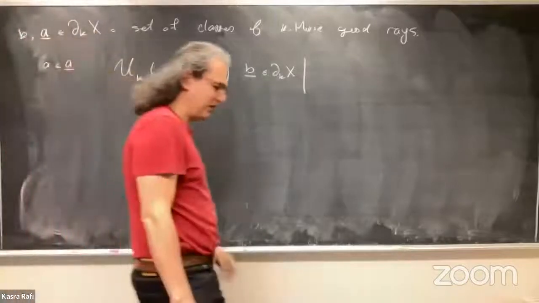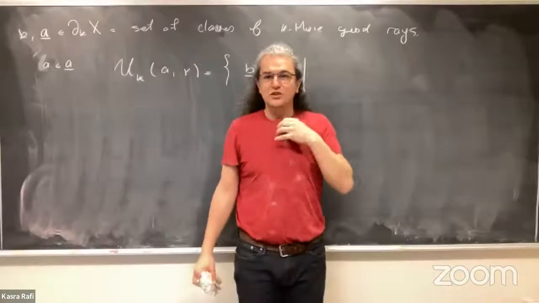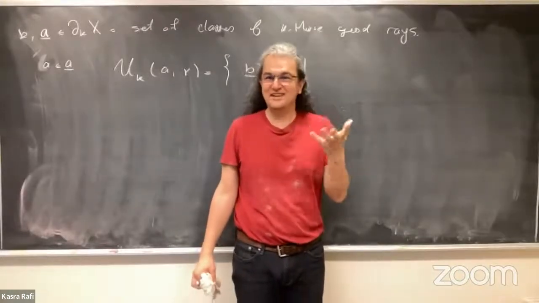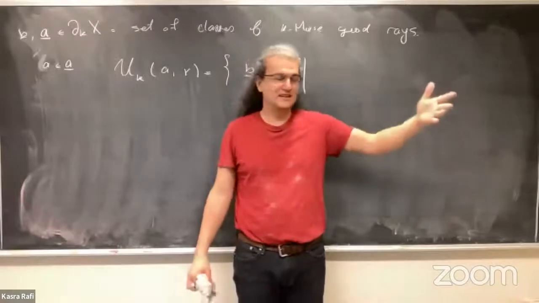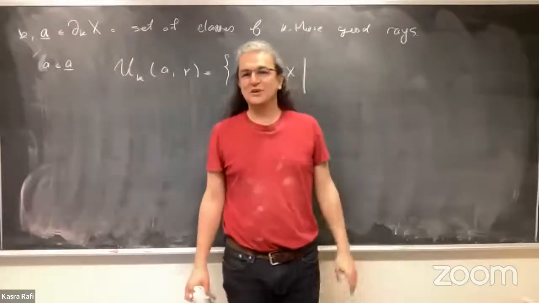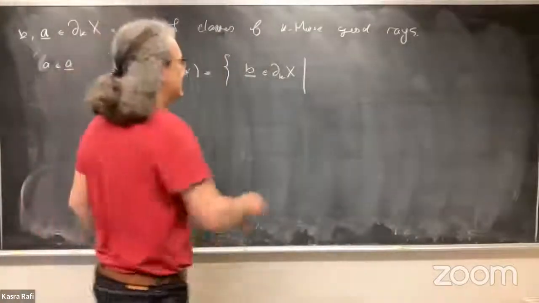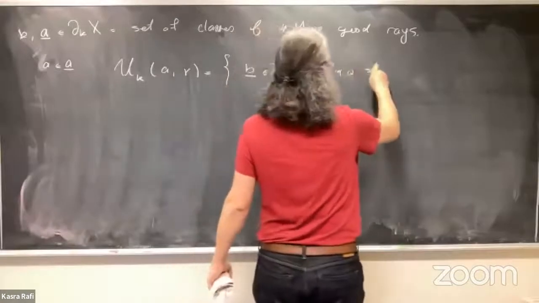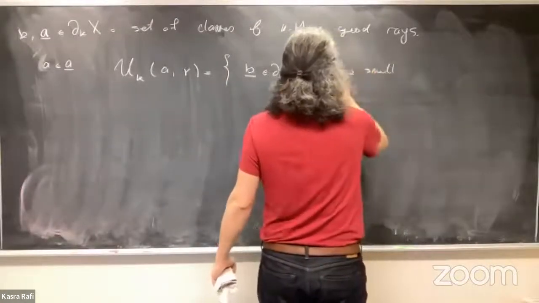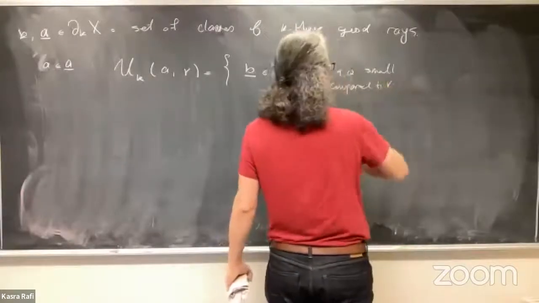But of course, that's impossible because for a quasi-geodesic, the Q could be already larger than R. Right? If your additive error is larger than your radius, then there's no way to control it. So you have to say that the Q has to be small compared to R, right? So every Q and Q, small compared to R. I'm going to tell you what that means.